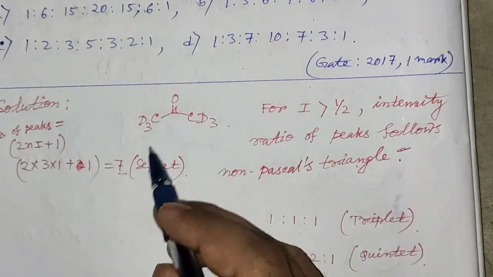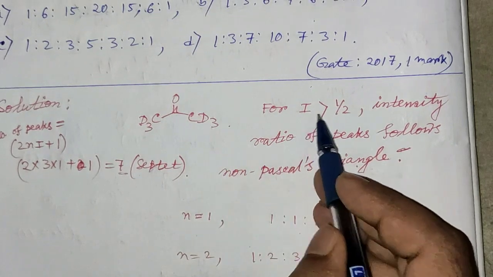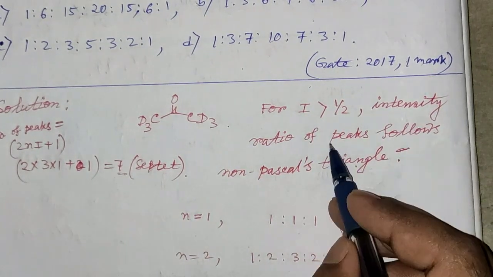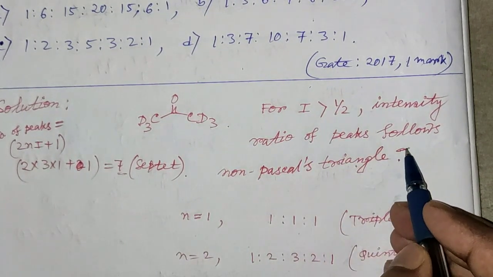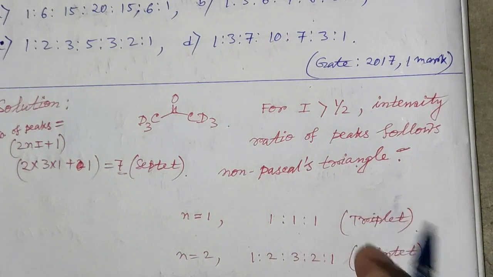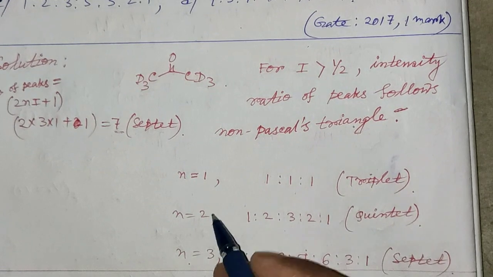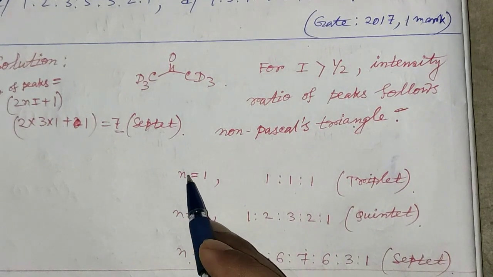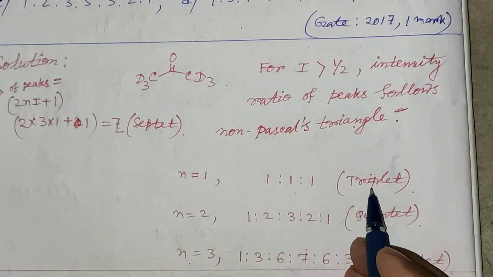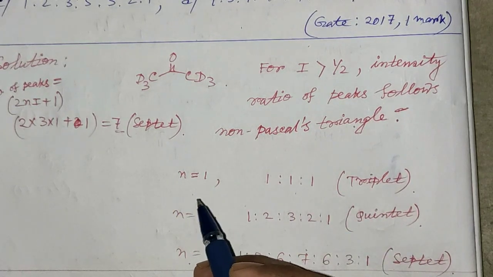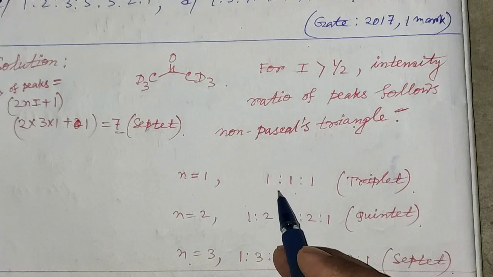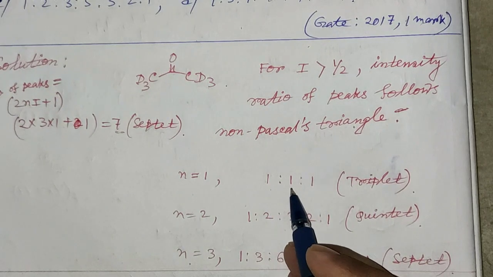Since for deuterium I is equal to 1, that is, I is greater than half, the intensity ratio of peaks will follow the non-Pascal's triangle. According to the non-Pascal triangle, if n, the number of NMR active nuclei, is equal to 1, then following the 2nI plus 1 rule, there will be a triplet and the intensity ratio will be 1:1:1.